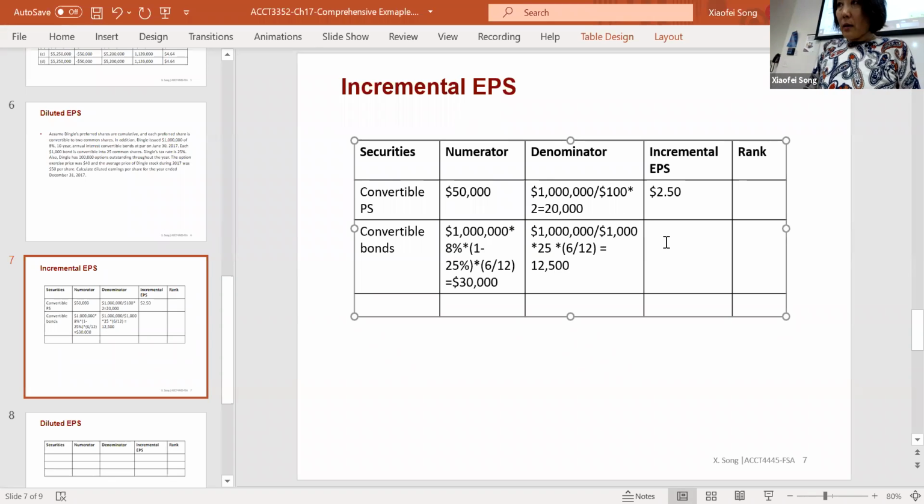So the incremental earnings per share for the convertible bonds is $2.40.